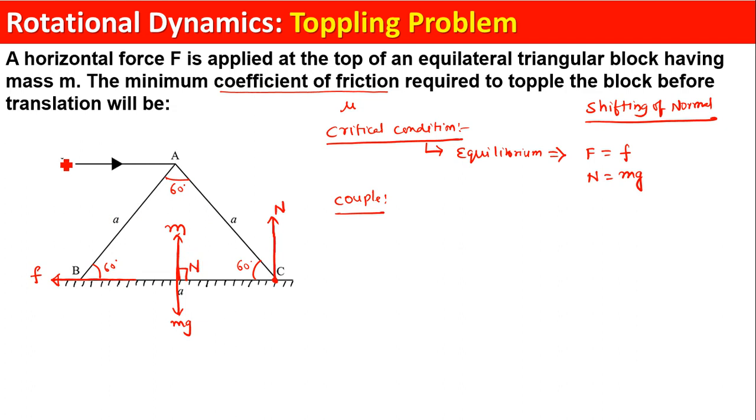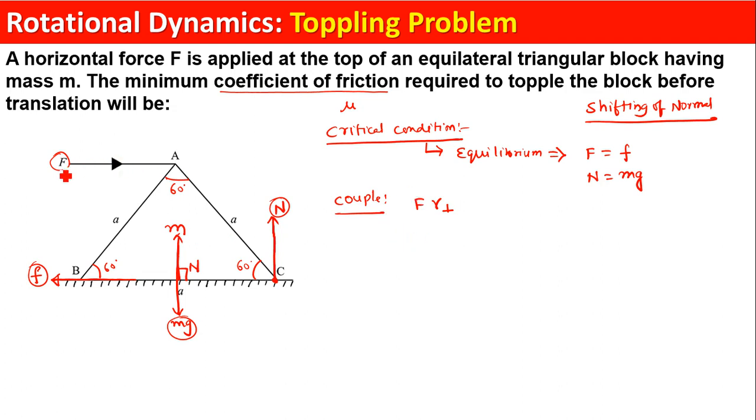So capital F and small f form a couple, and mg and the normal reaction also form a couple. A couple is the product of the force and the perpendicular distance between the two forces. Let us equate both couples acting on the system.